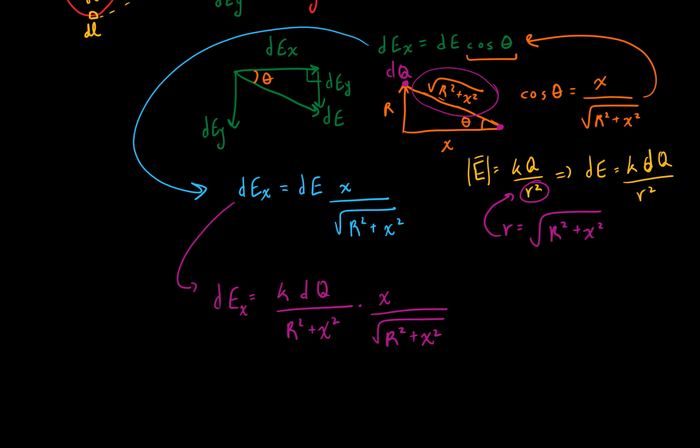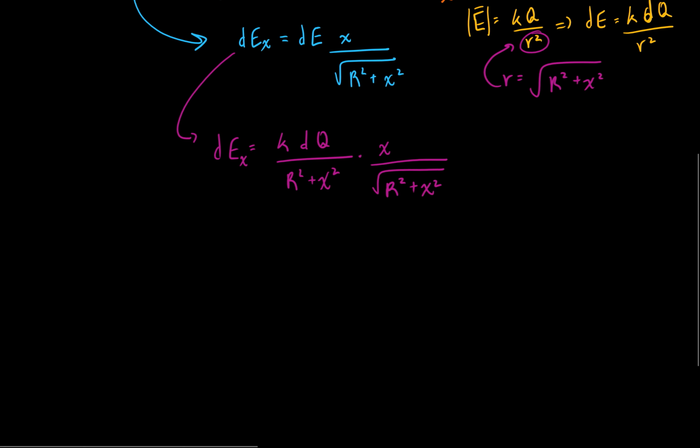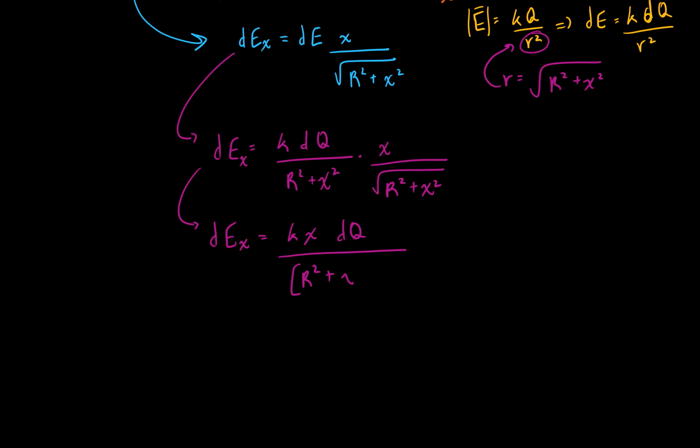Now we can even further simplify this whole expression and say dEx is equal to k x dq divided by r squared plus x squared to the 3/2. Okay, so we'll continue looking at this in another video.